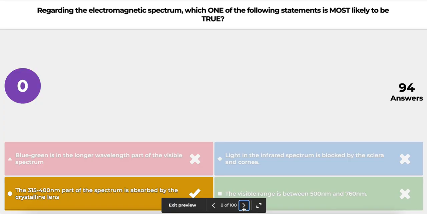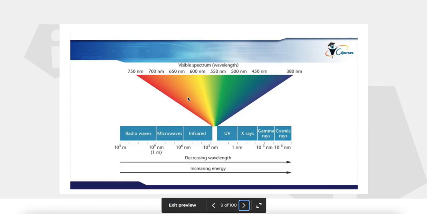As we mentioned before, the visible spectrum ranges from blue light, which has a wavelength of 380, to red light, which has a wavelength of 750. So this is called the visible spectrum. As we move from red to blue, there will be decreasing wavelength and increasing energy and frequency. This is very important.